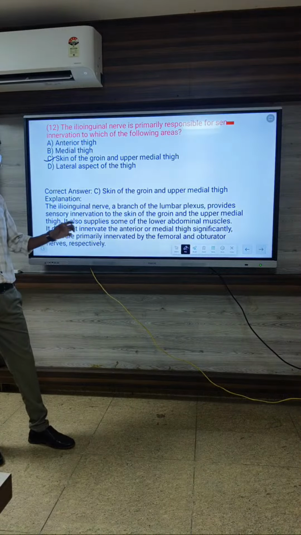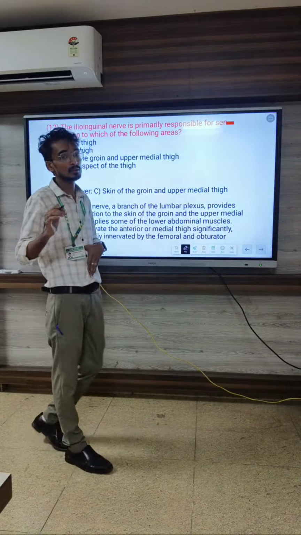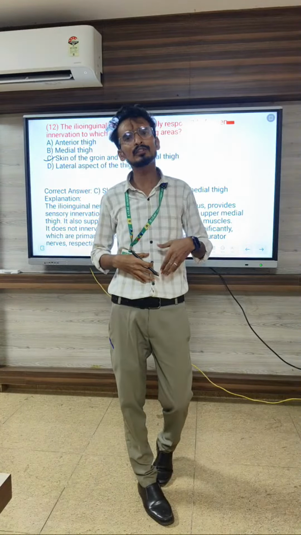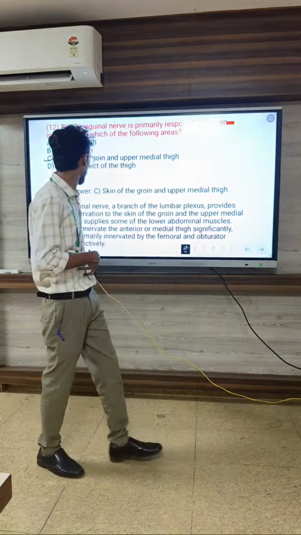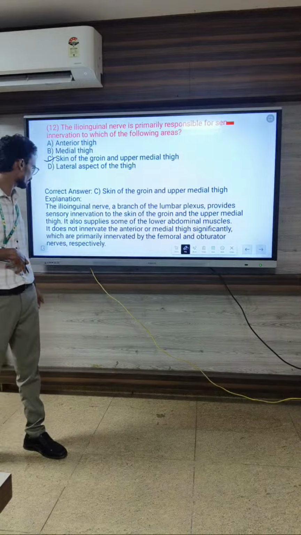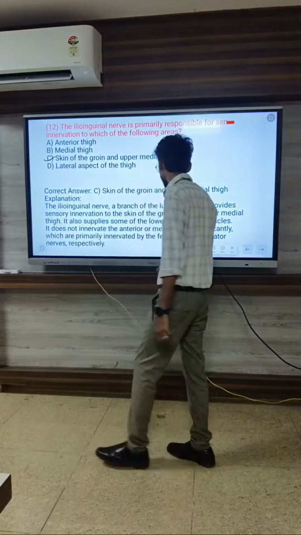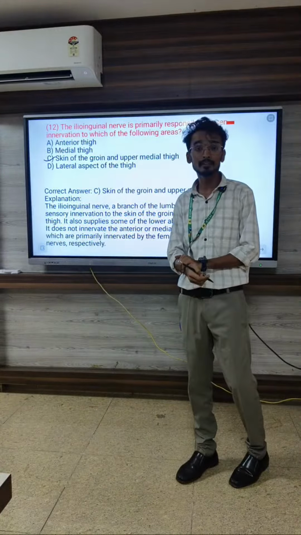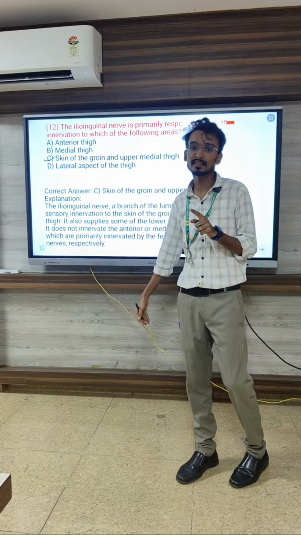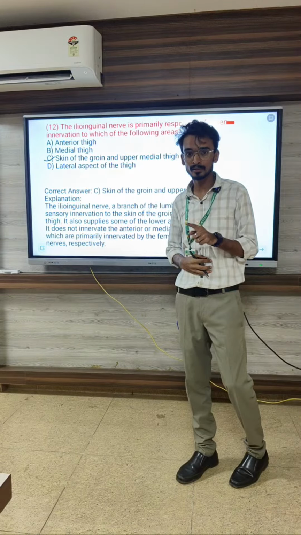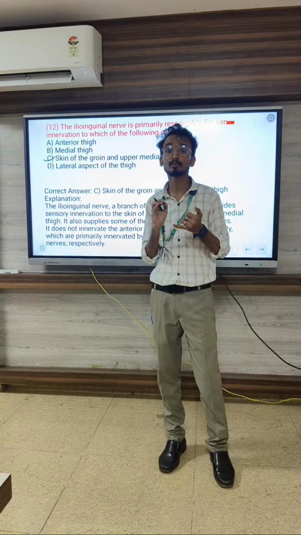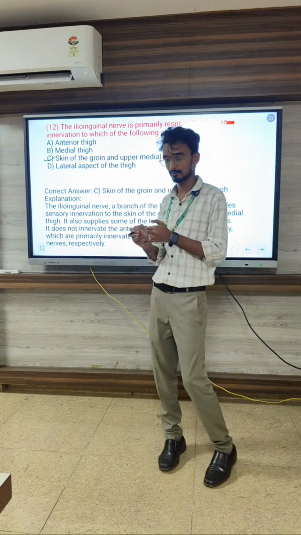It also supplies some of the abdominal muscles. It does not involve the anterior or middle thigh, which are primarily innervated by the femoral and obturator nerves.